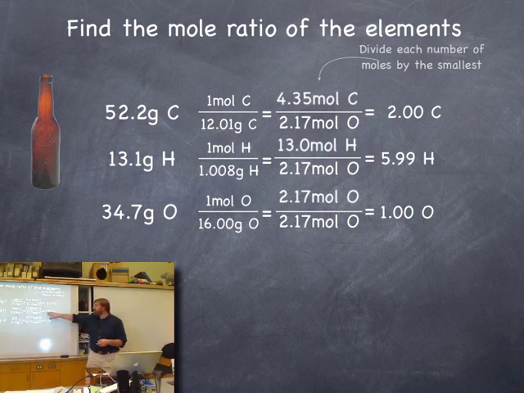If I got 5.5, I would have to find some multiple to multiply all the numbers by to get whole numbers. So if this was 5.5, I might multiply each of these numbers by 2, and the ratio would be 2 to 11. You can't simplify 2 to 11 down to a 1 to some whole number ratio, which is why the numbers would come out this way. This division is always going to give you a 1 to something ratio. You need to get it to a whole number ratio.